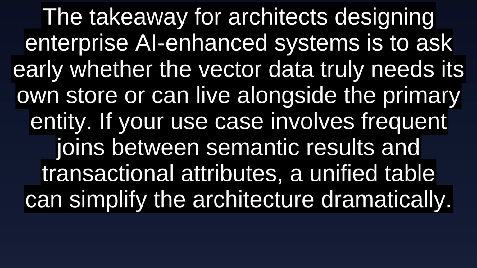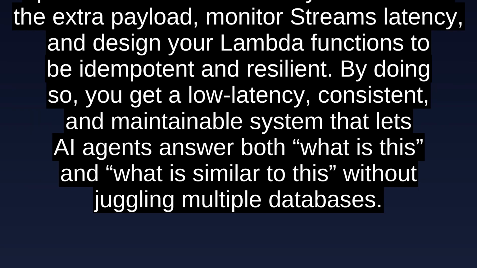The takeaway for architects designing enterprise AI-enhanced systems is to ask early whether the vector data truly needs its own store or can live alongside the primary entity. If your use case involves frequent joins between semantic results and transactional attributes, a unified table can simplify the architecture dramatically. When you do choose this path, plan for the operational trade-offs.